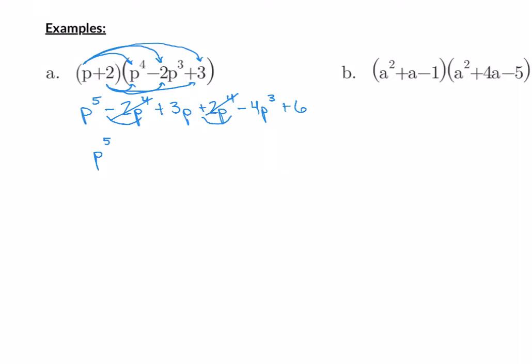The next one that I have is minus 4p cubed, again if you want to write this in descending order. We have plus 3p, and we have plus 6.